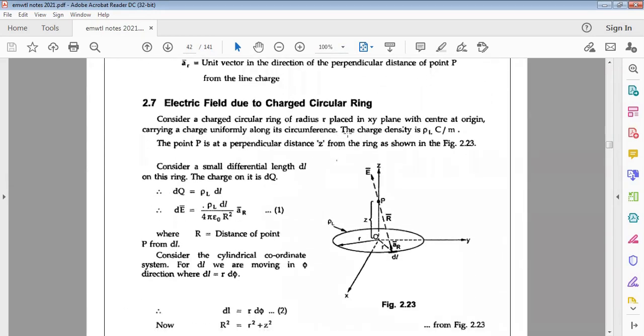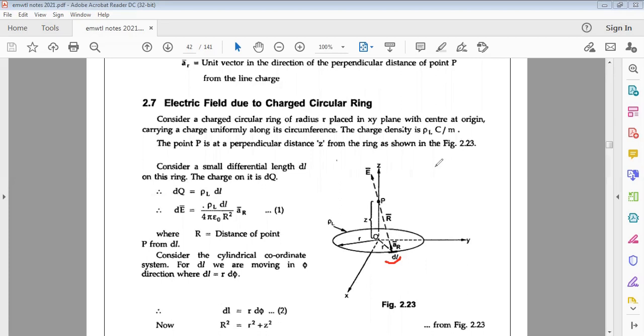So, the electric field due to the charged circular ring. The charge is uniformly distributed on the circular ring, and on that we assume a small differential length dl on the circle.